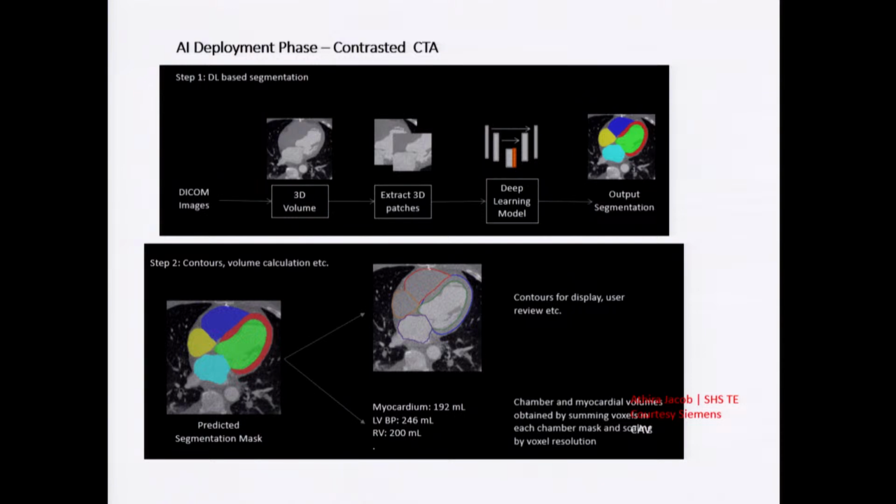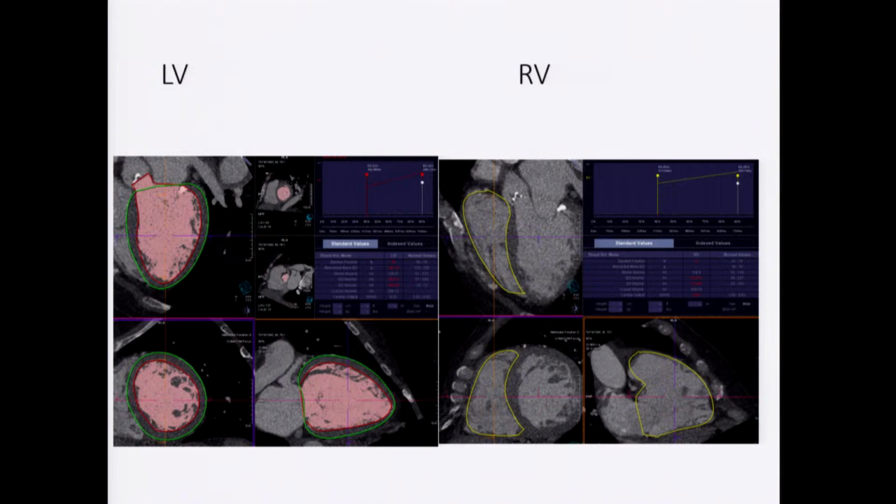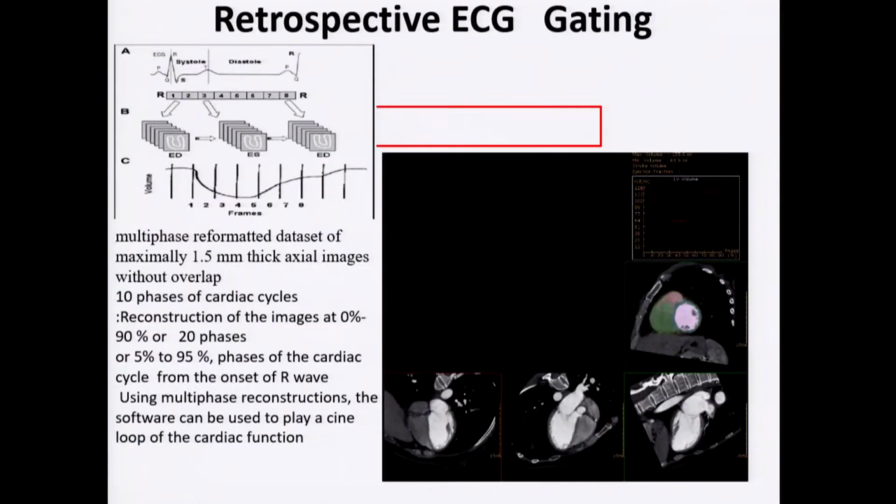So all this was done automatically. You don't need to do any interface. You can adjust the threshold a little bit, but the principle is the same. So this is most of the time what we get, for instance, for LV and RV on the right side. That's how we calculate the volume.